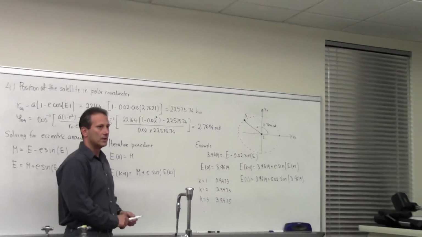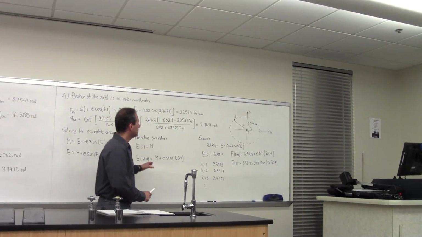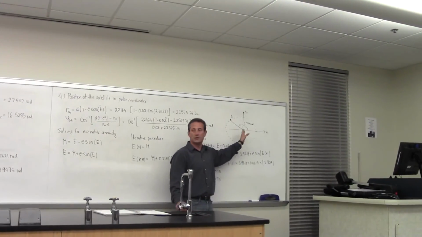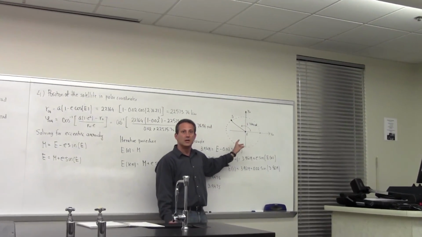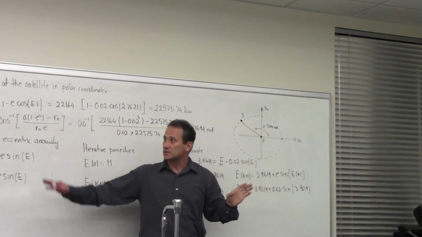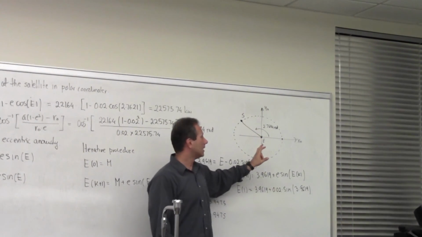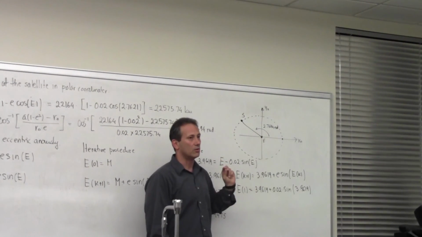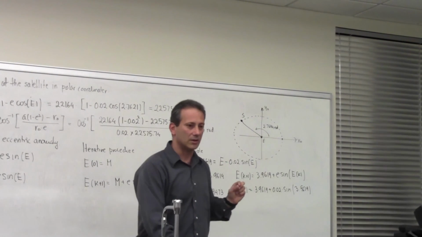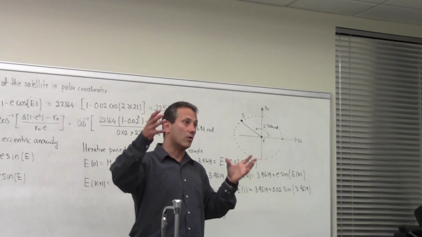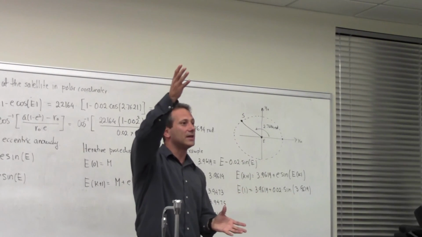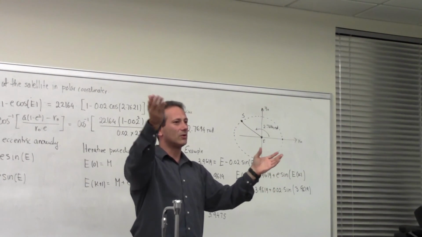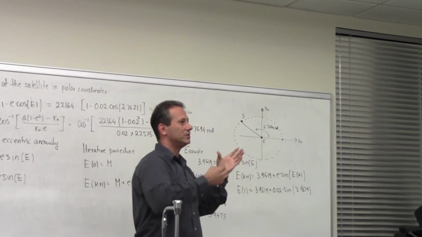Okay? So what is it that we determined? If we know the time through perigee, and we know the parameters of the ellipse, we have a process, this 5-step process, that will allow us to tell exactly where the satellite is on this particular orbit. The problem with these calculations is that they're orbit specific. Every satellite has its own orbit, because even if they're all in the same plane, they may have perigee at different points.